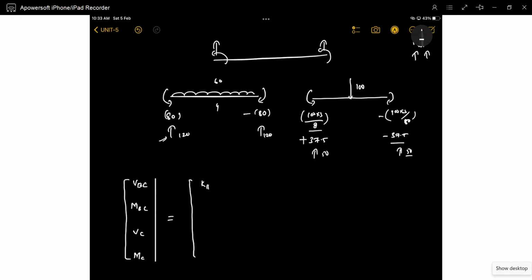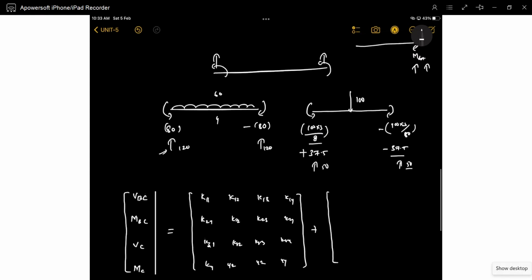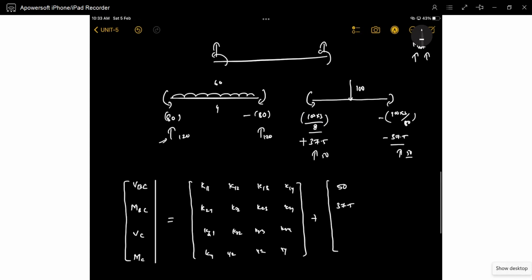So I write the same thing: 2 3, 2 4, 3 1, 3 2, 3 3, 3 4, 4 1, 4 2, 4 3, 4 4. Again the force vector, you can write it like: 50, moment 37.5, 50, minus 37.5.